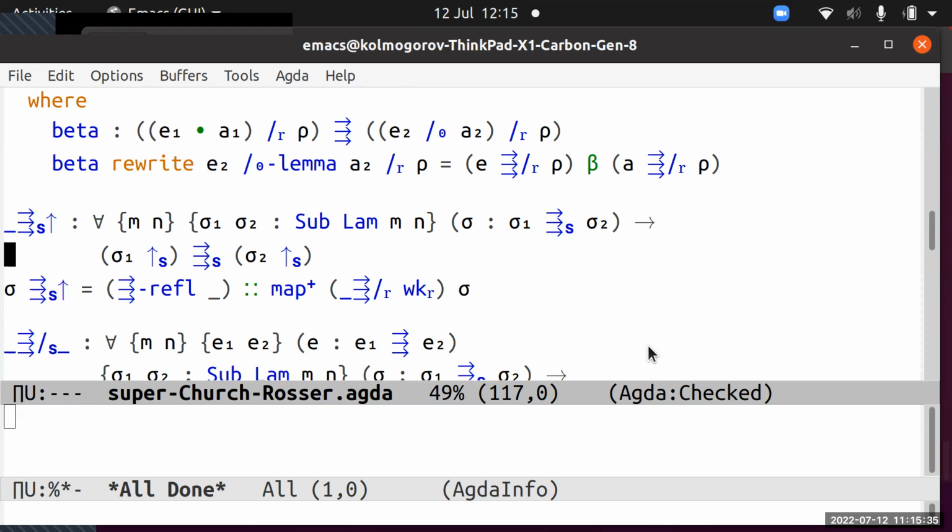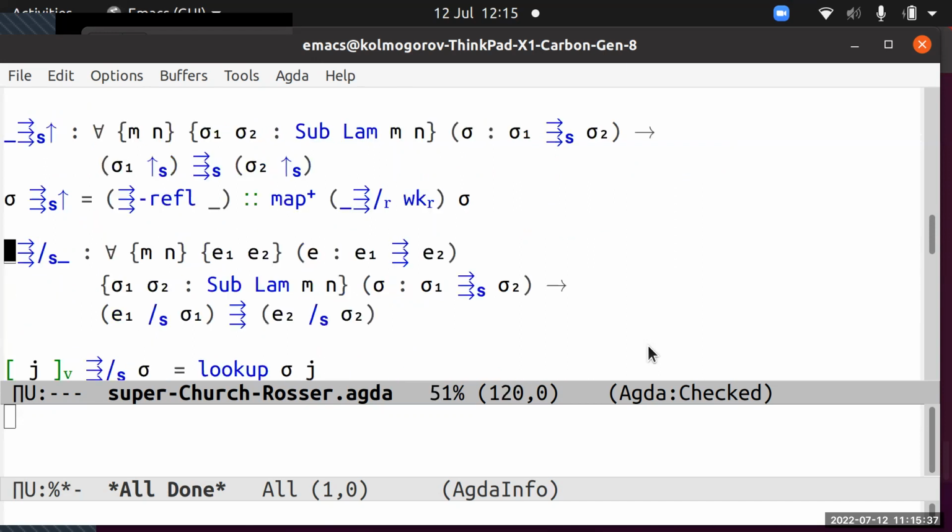So now I can get to the statement of strong substitutivity. Okay, so I have a proof E that E1 superparallel reduces to E2, and I have a proof sigma that sigma 1 pointwise superparallel reduces to sigma 2.